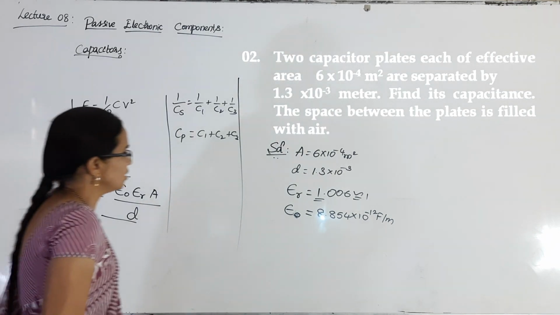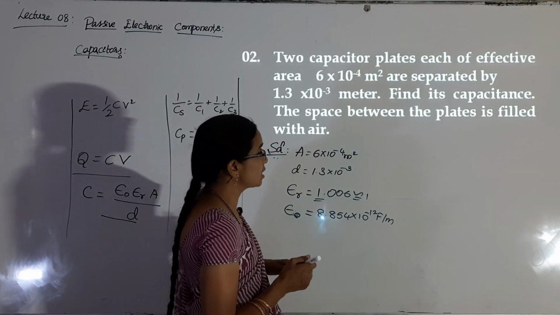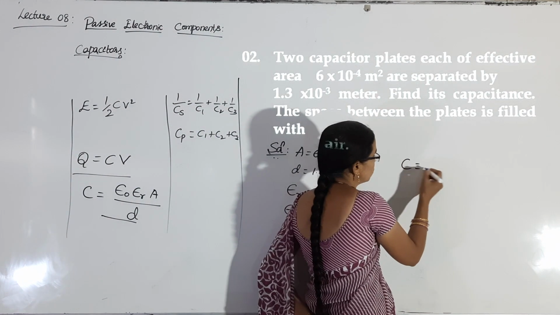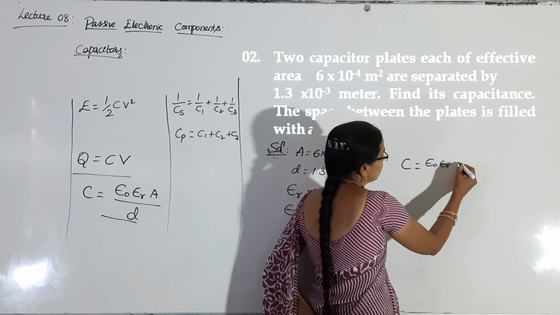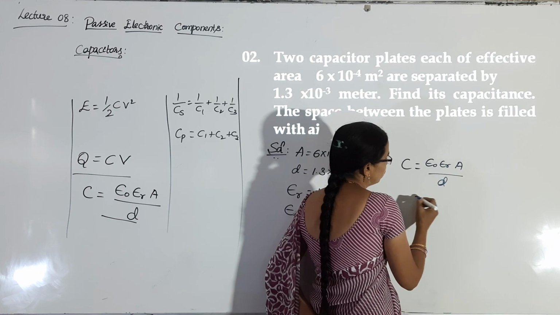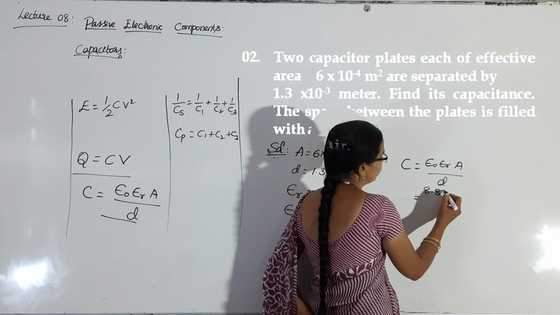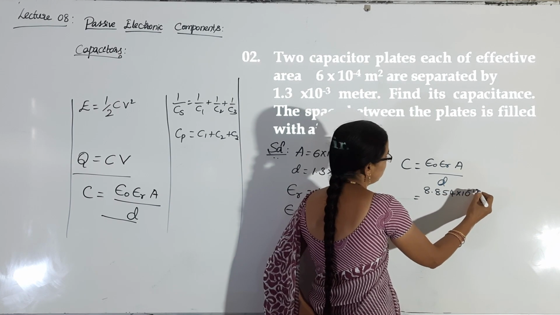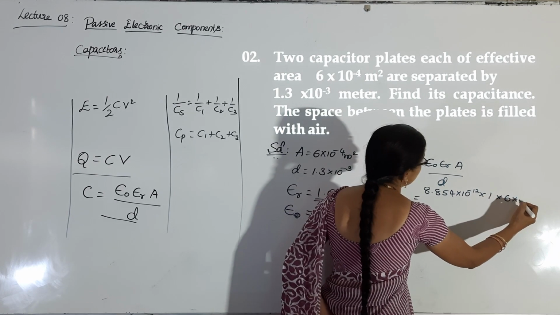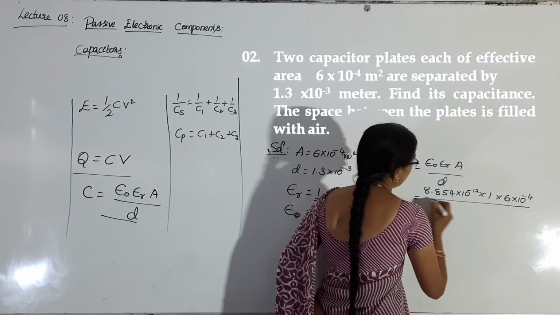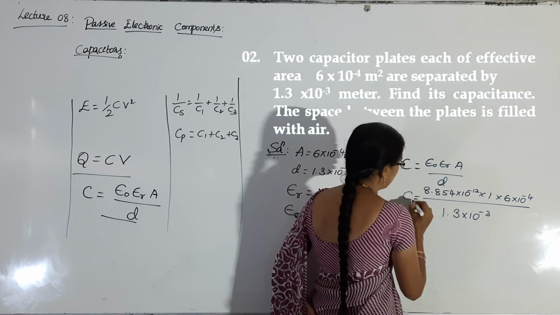In this, they have asked us to find its capacitance. So C is equal to epsilon naught epsilon r A by D. You have to put in the formula: epsilon naught is 8.854 into 10 to the power of minus 12, epsilon r is 1, A is 6 into 10 to the power of minus 4 meter square, and D is 1.3 into 10 to the power of minus 3.